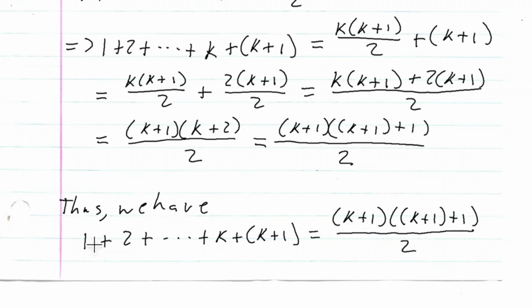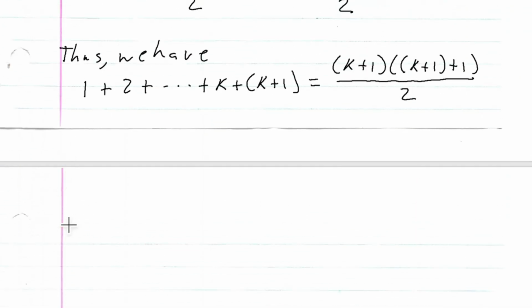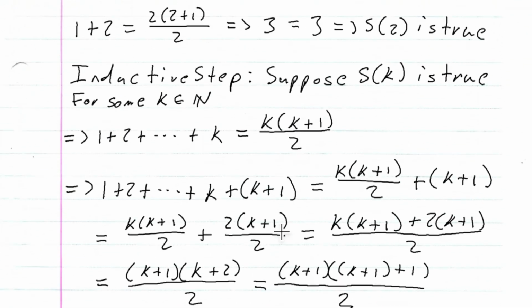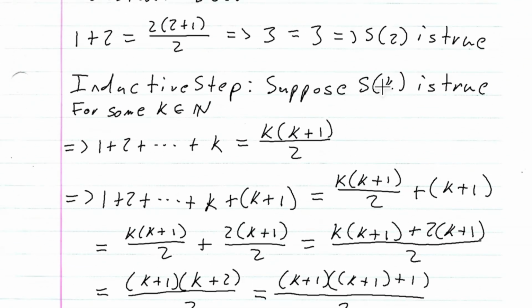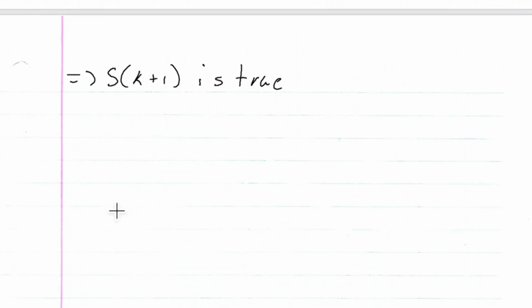So we've shown that the sum up to the first k plus 1 natural numbers is equal to that formula if we plug in k plus 1, right? This means that S of k plus 1 is true, from assuming that the statement revolving around k is true. Okay?